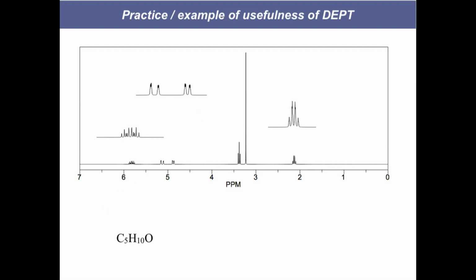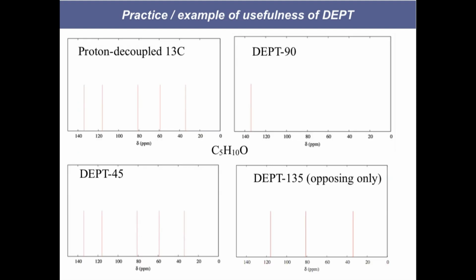But what we can do is use DEPT to really simplify this by looking at the carbons instead of the hydrogens. So here are the DEPT spectra from our molecule, C5H10O, that I just showed you. We've got proton decoupled carbon-13.